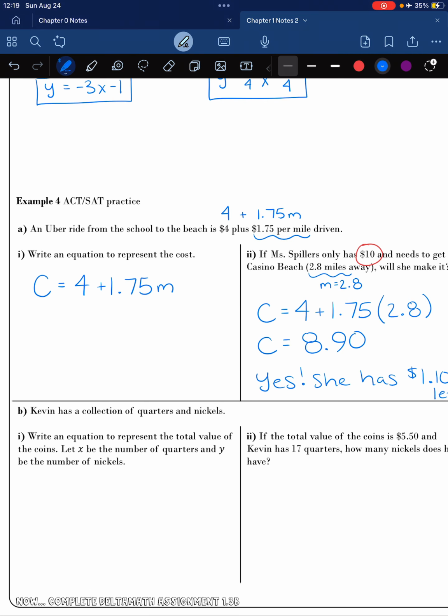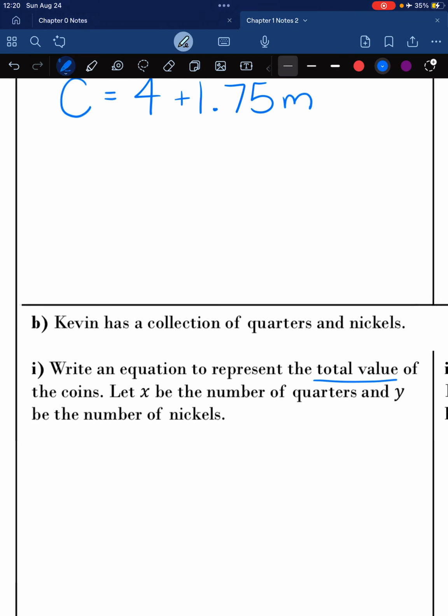Okay, Kevin has a collection of quarters and nickels. Not much I can do with just that statement, so we've got to keep reading. Write an equation to represent the total value. Okay, so total value is, I'm going to use V for value, equals. Okay, X is the number of quarters. So if I'm talking about the value, quarters are worth 25 cents.